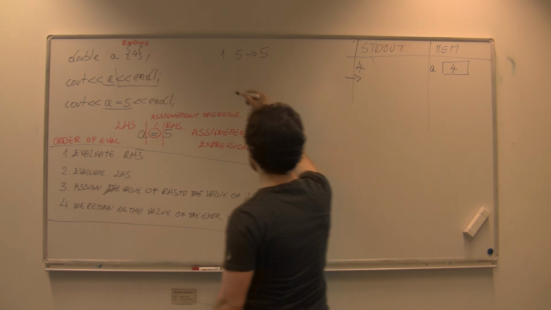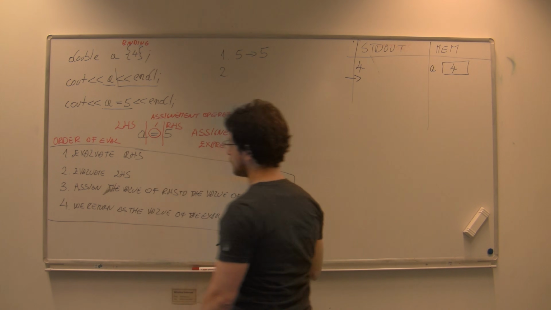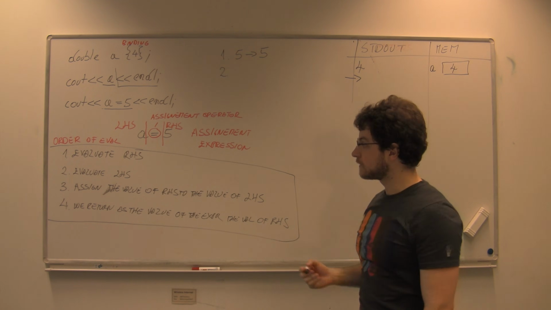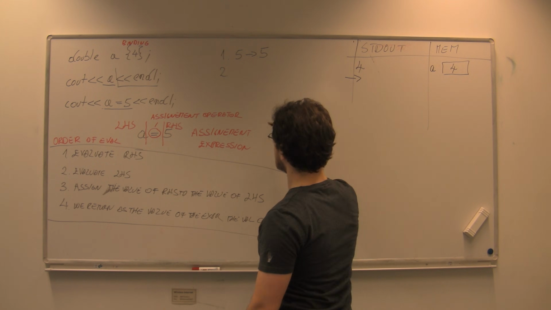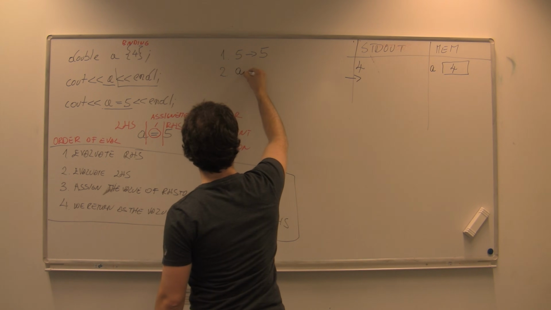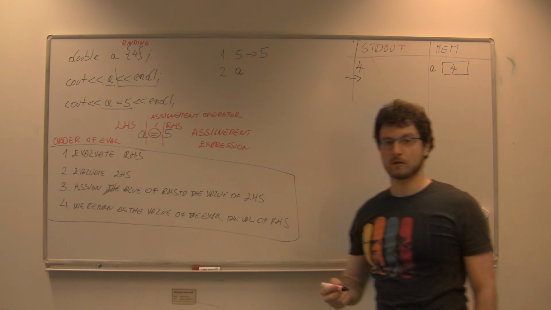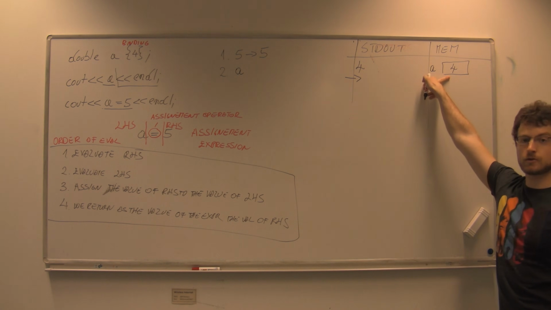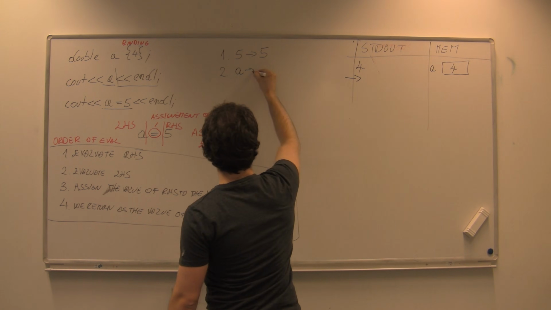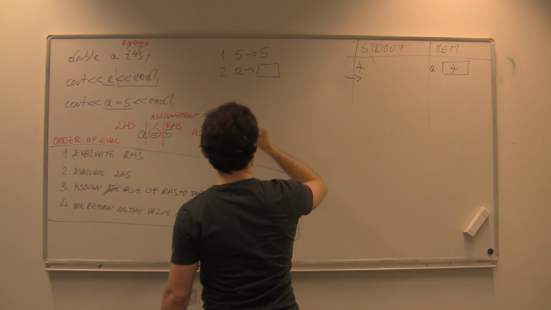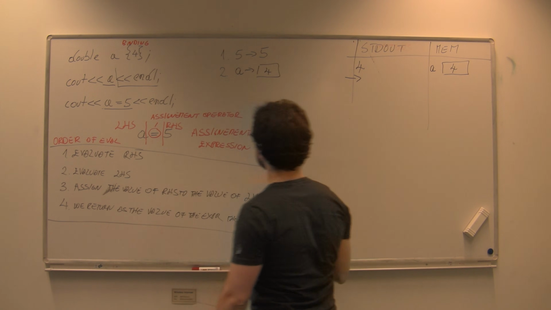In the second step, we need to evaluate the left hand side. On the left hand side, we have a variable. Variables evaluate to the boxes associated with them. So the variable A will evaluate to the box that contains the number 4.